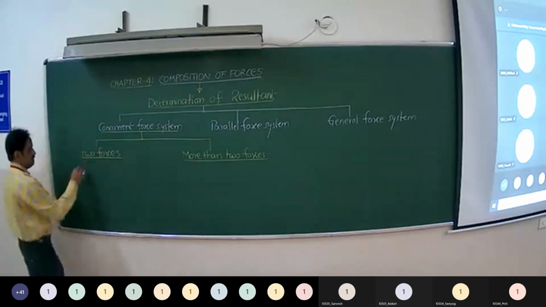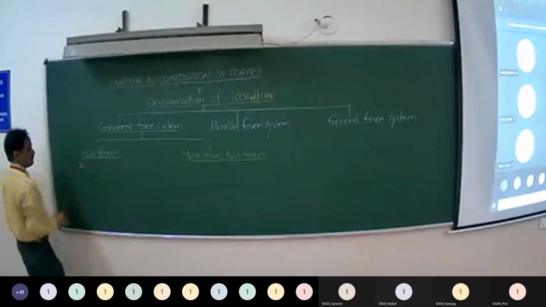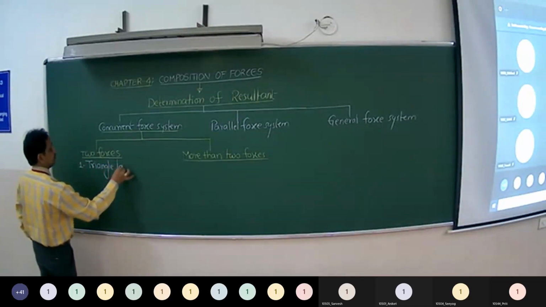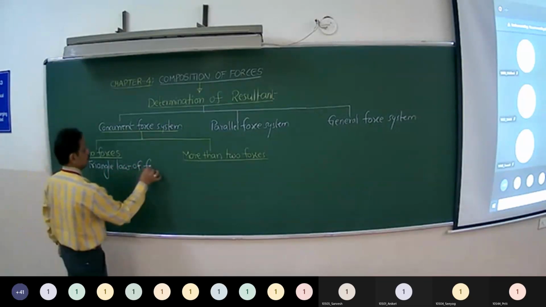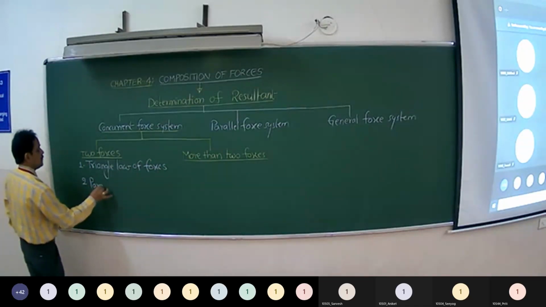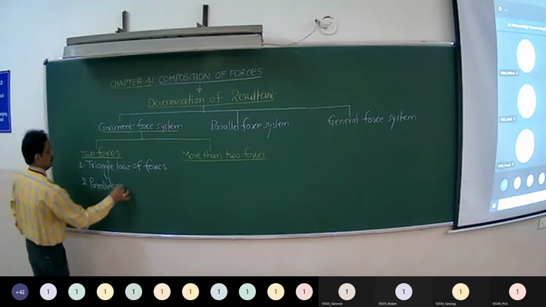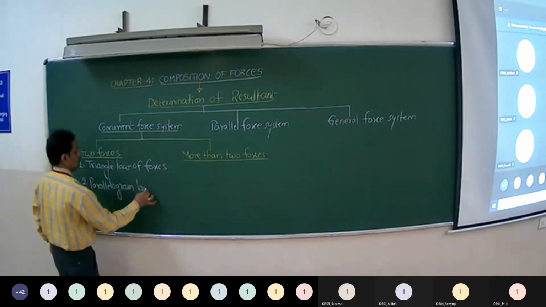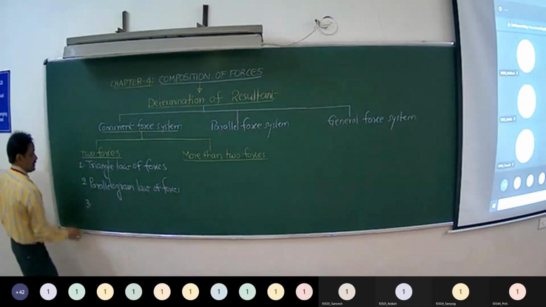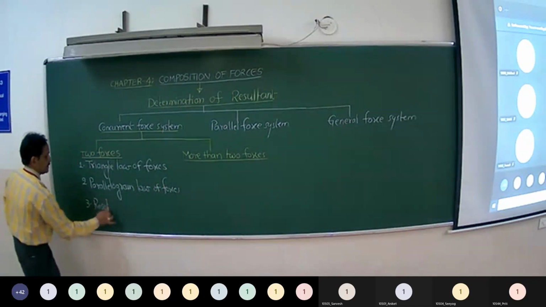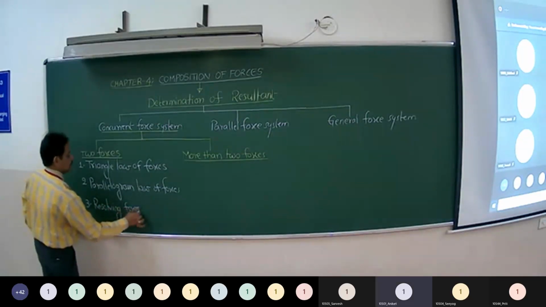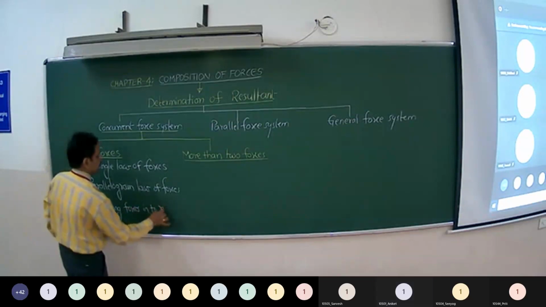When two forces are acting, we can find out the resultant either by using triangle law of forces or parallelogram law of forces or by resolving each force into x and y components.